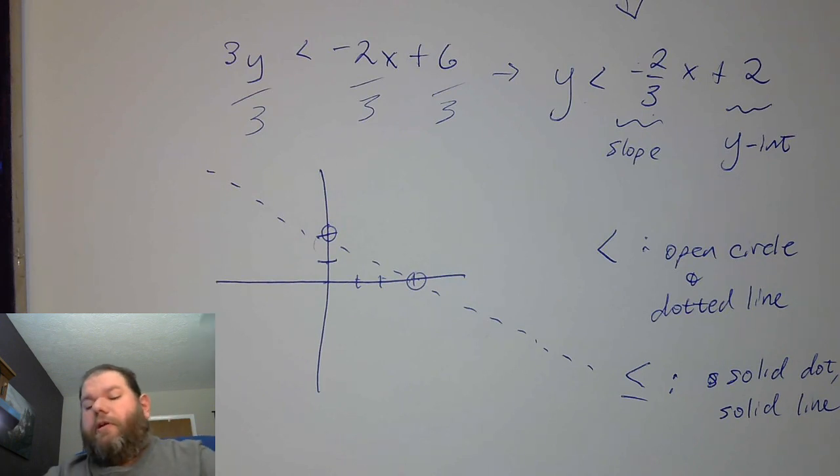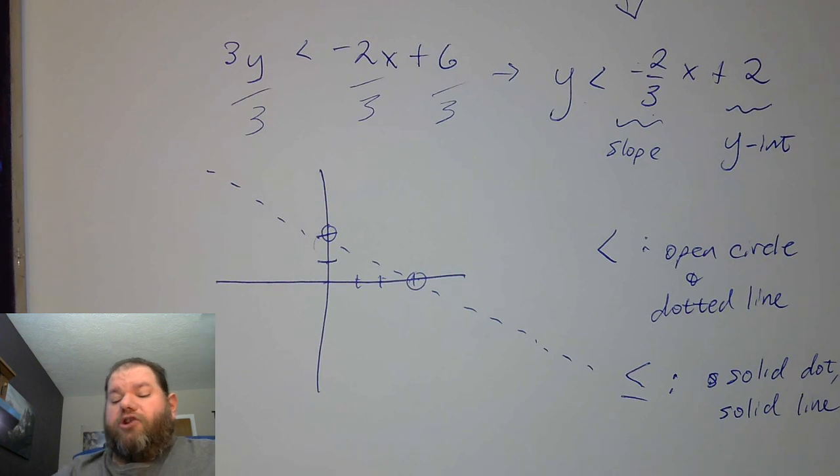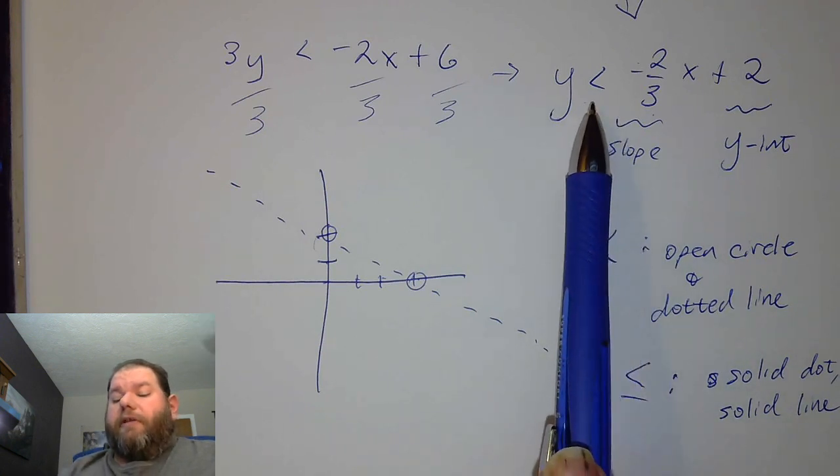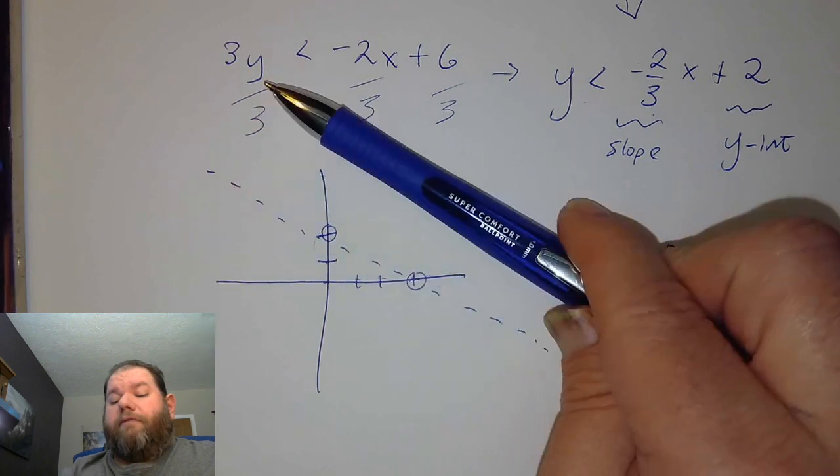Okay. The last thing we need to figure out is which direction we need to shade this. Because we have the less than symbol here, are we going to shade above or below?